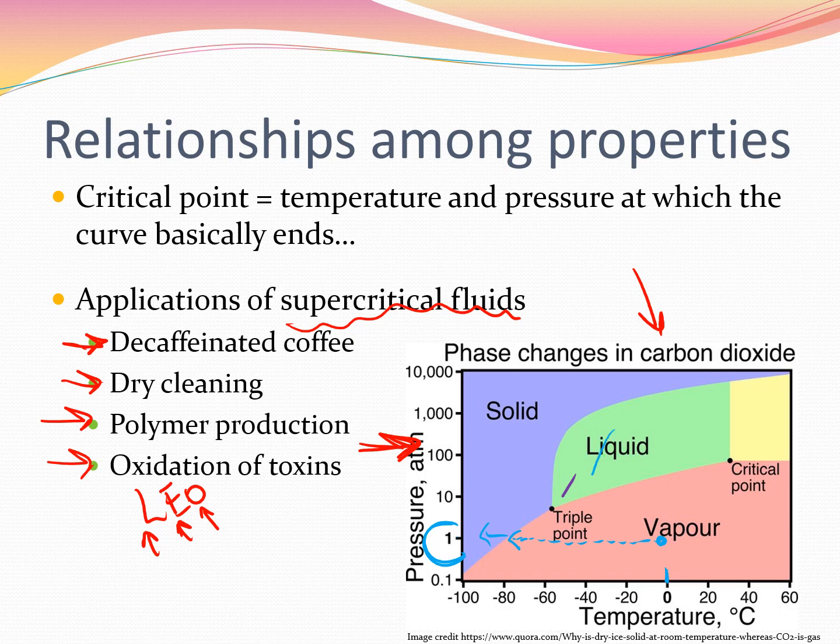We totally skip liquid carbon dioxide. This again, going from the gas to the solid, is called deposition. So we can take that deposition of carbon dioxide, that solid CO2, my friends, this is dry ice.